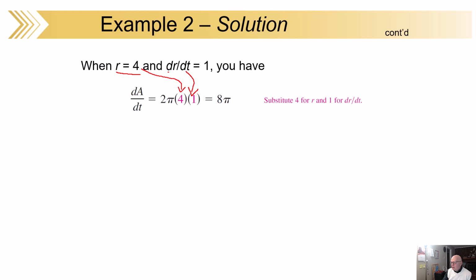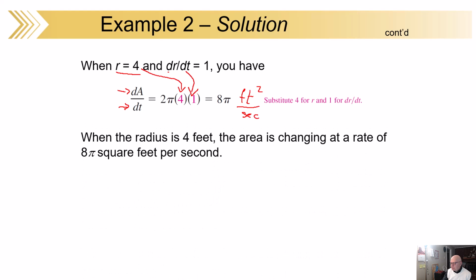Now what we need to remember is we're finding out how the area is changing with respect to time. So this isn't just 8 pi. It's 8 pi square feet because it's area per second. Just put those numbers in. Don't forget the units. And then how do you write it up?